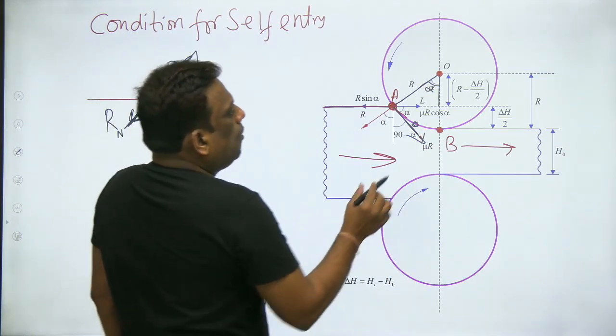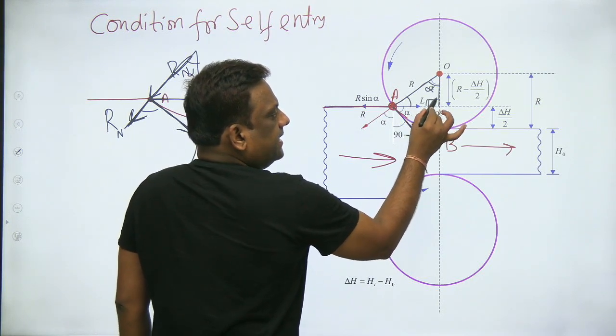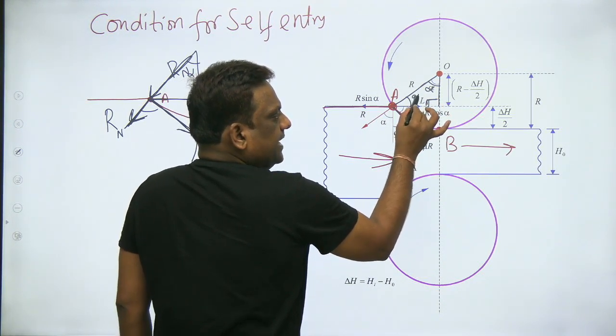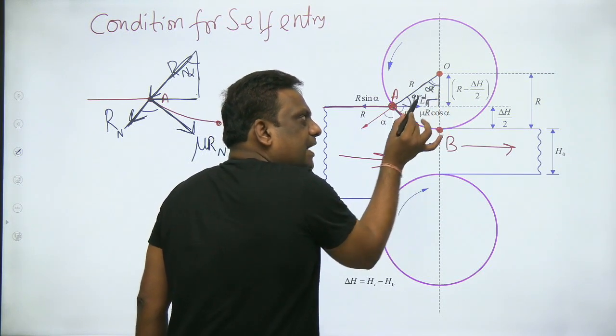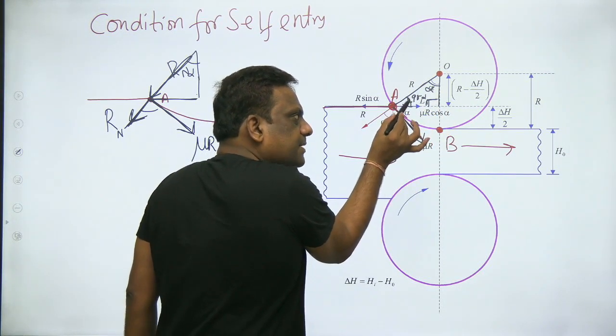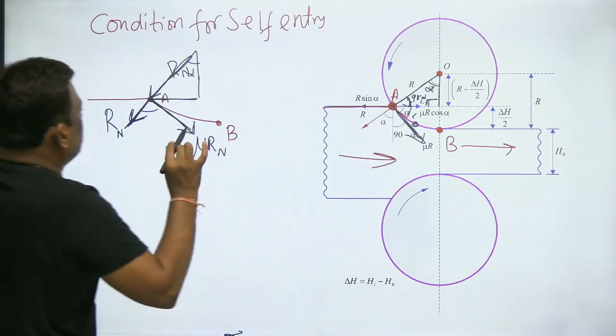Excellent. Now what will be this? देखो this is 90 degree, this is 90 degree, this is alpha, this will be 90 minus alpha. Why? Sum of the angles in a triangle is 180. अगर ये alpha है तो ये 90 minus alpha. If this is 90 minus alpha, this will be alpha because this and this are perpendicular. फिर से बता रहा हूं, सुनो.